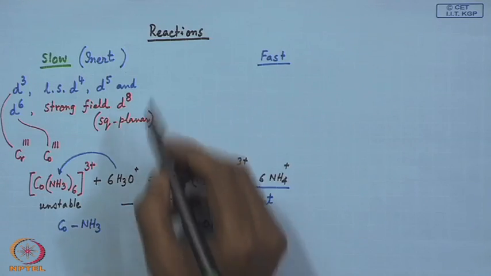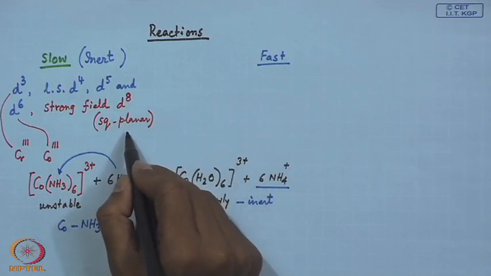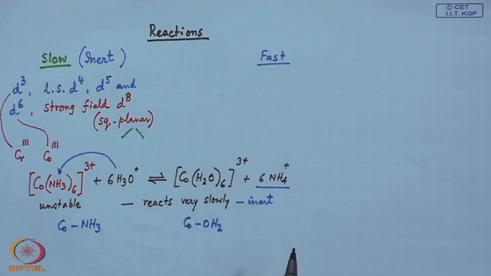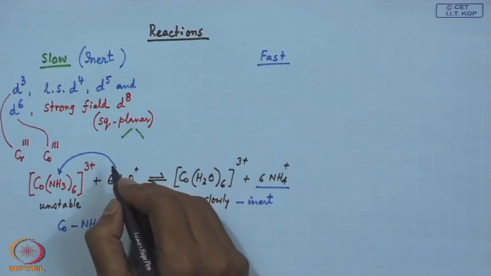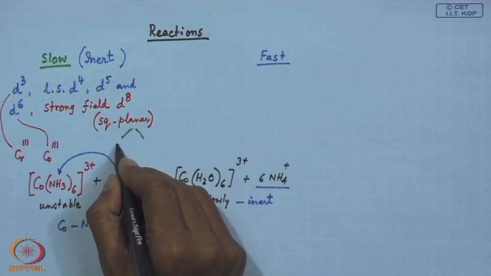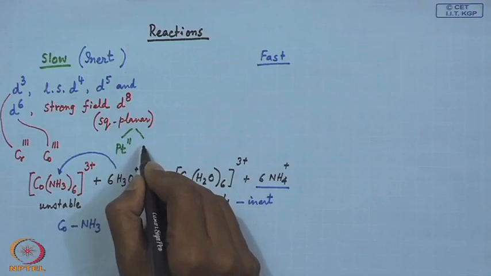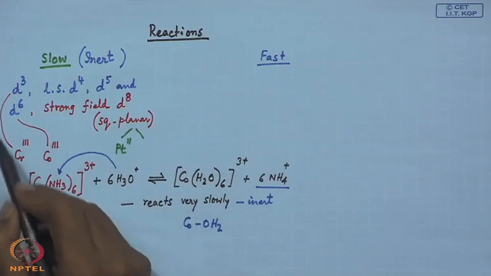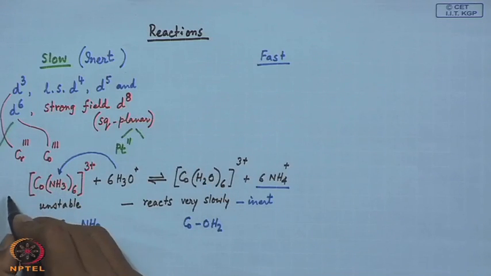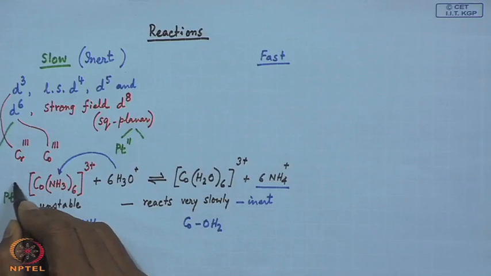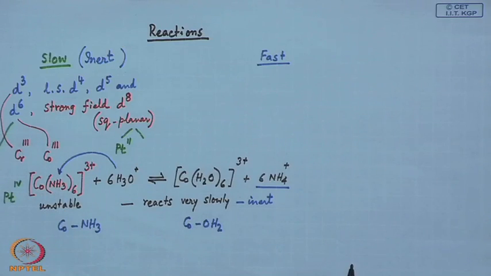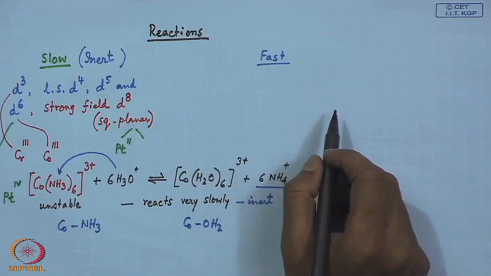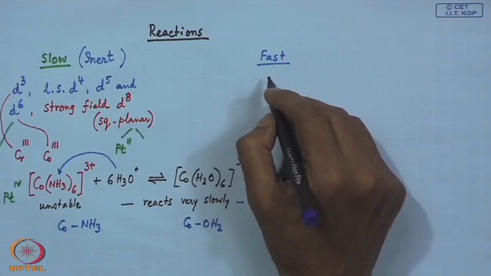Then for the strong field d8 electronic configurations we can have platinum 2, and for d6 configuration we can have platinum in the +4 oxidation state. This gives us some idea of which types of reactions we can consider as slow reactions.